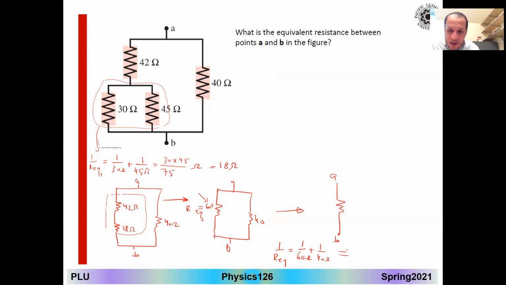And from here, you can get R equivalent by multiplication, which is 60 times 40 equals 2400, divided by addition, 100. So from here, you end up with 24 ohms. So here is 24 ohms equivalent resistor in that case.